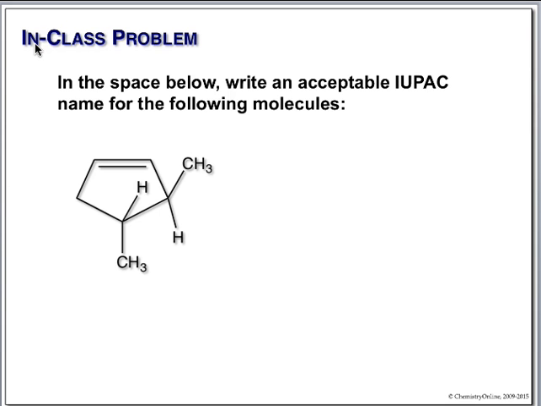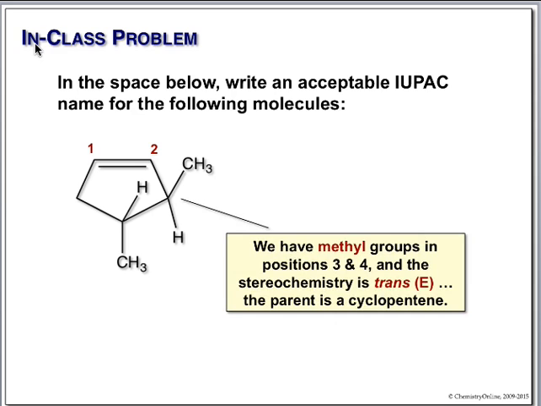As we number this thing, remember carbons 1 and 2 must be alkene carbons, and we're shooting for the lowest number sequence. That means we're going to let these be carbons 1 and 2, so our methyl groups will be in 3 and 4. The parent here is simply a cyclopentene. Our stereochemistry here is trans.